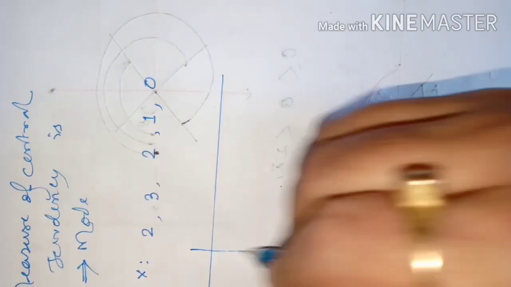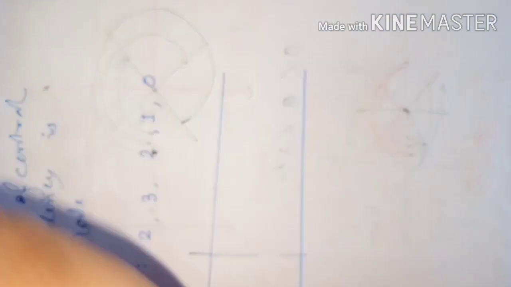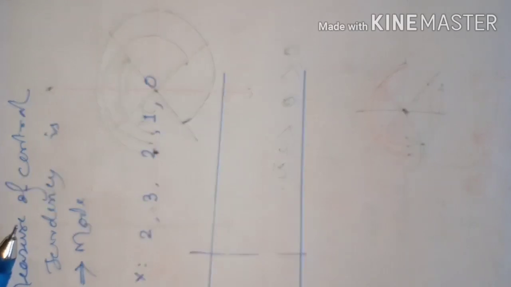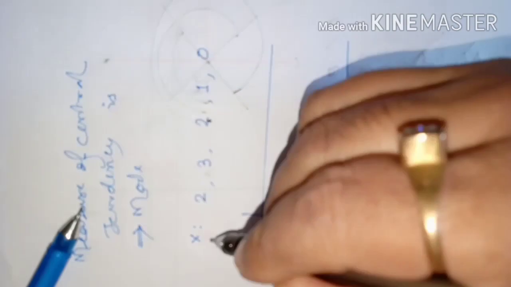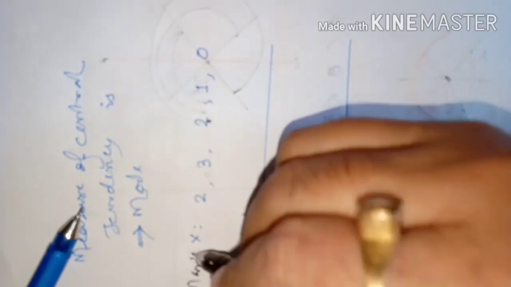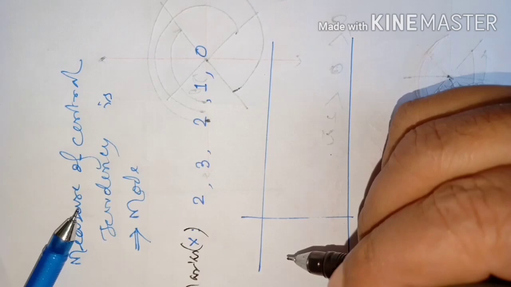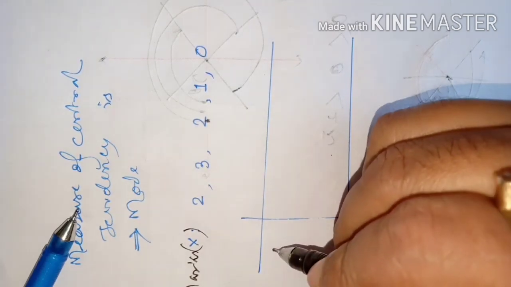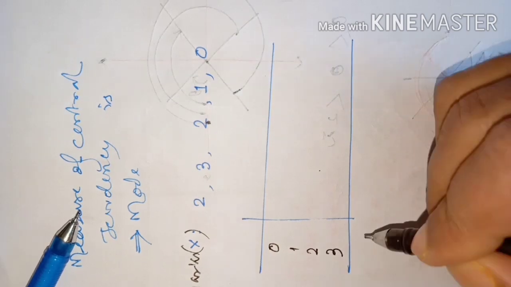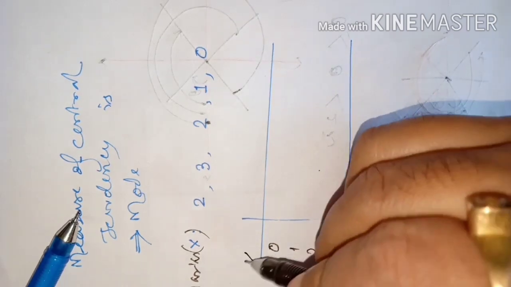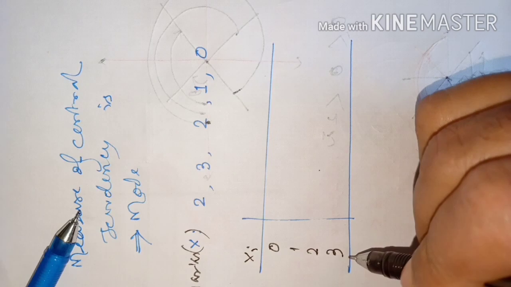Now if you see the individual observations, the number of times that they appear in this collection. These are marks of some students. The distinct marks that I have got are 0, 1, 2, 3.